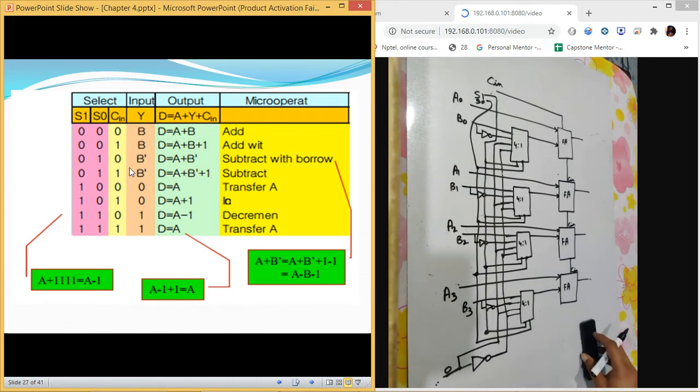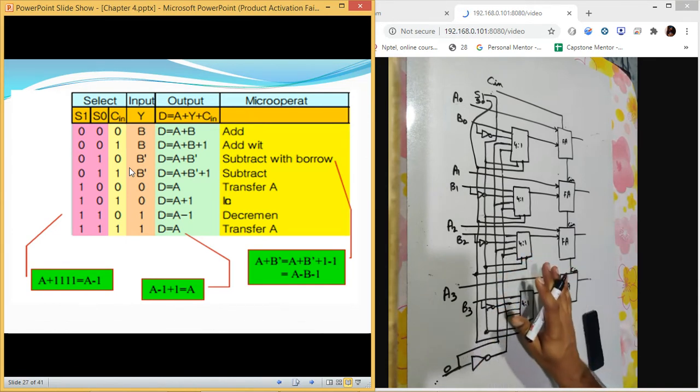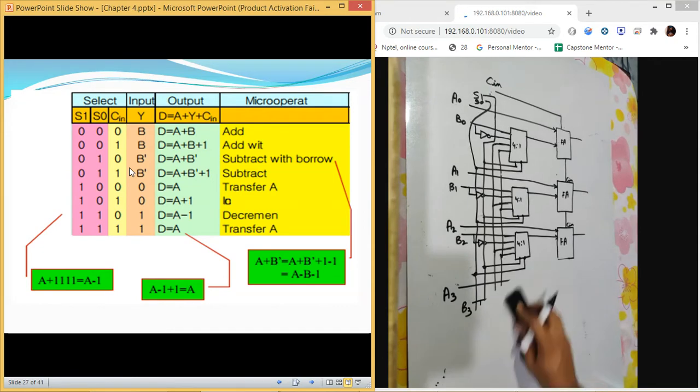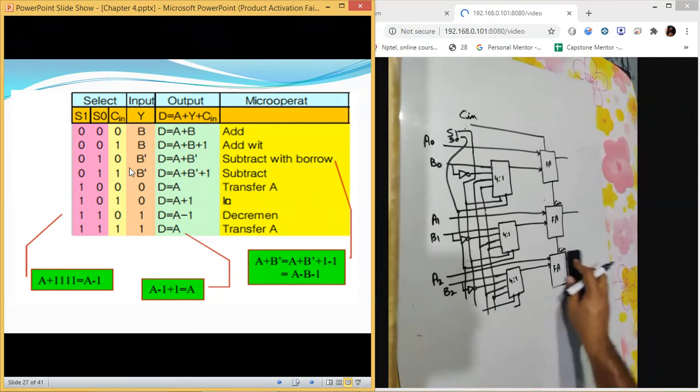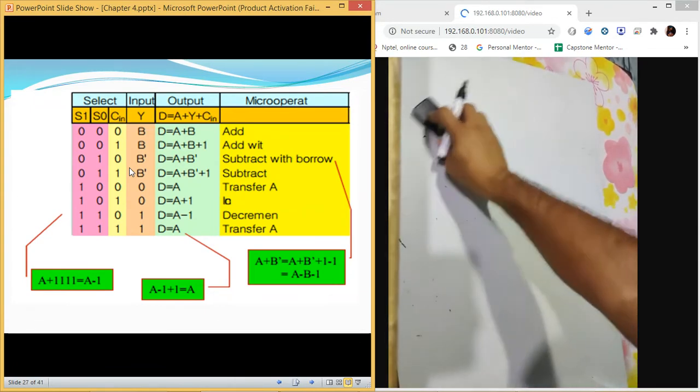So let me just rub this part. So this was the complete circuit, how you create this circuit, how you make this circuit. Now let us move to the explanation of each part, how this operation is going to get performed.